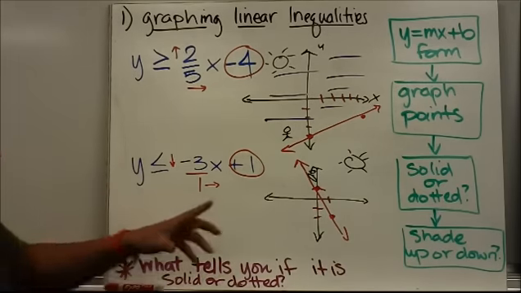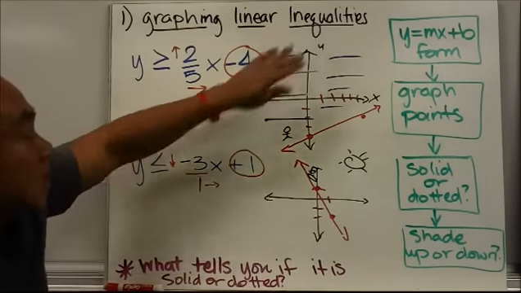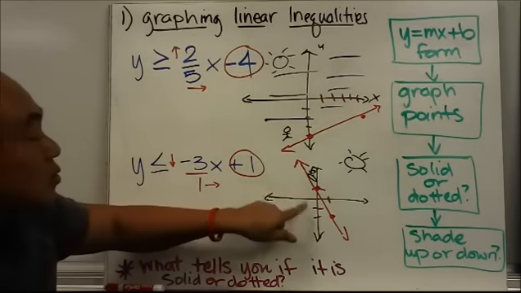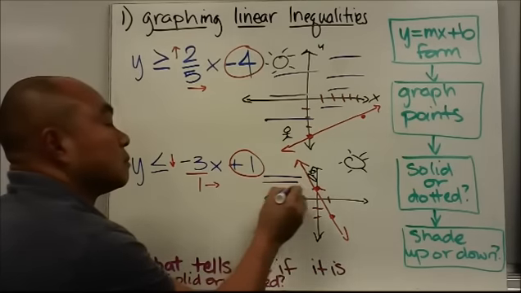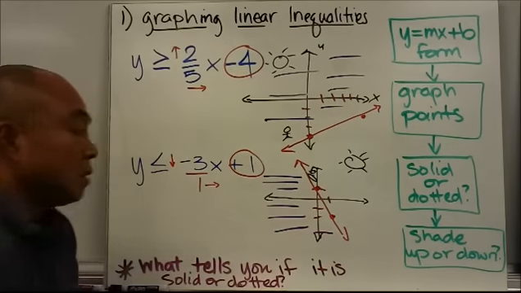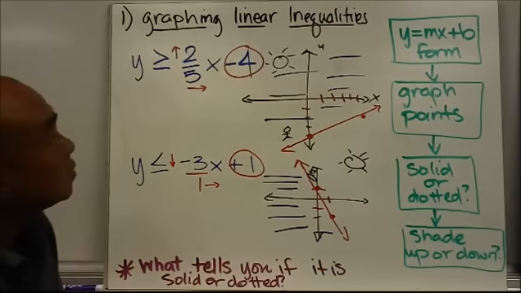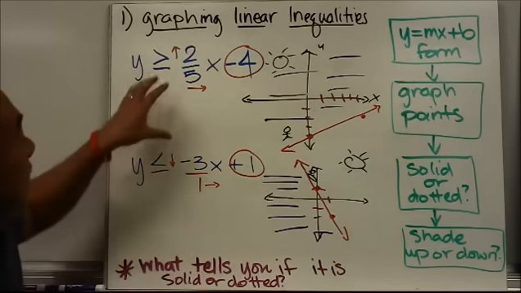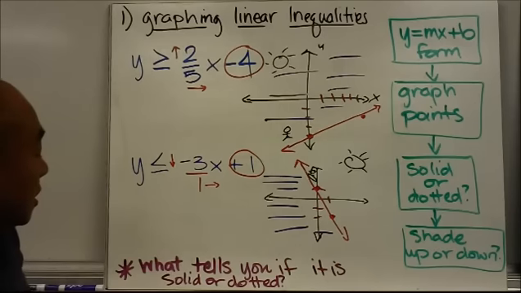And again, we did state that if y is greater than, then we're shading the sky. And if y is less than, we are going to shade the mountain. So, let's shade this part. Alright, and there you have it for how to graph a linear inequality with this particular type of linear inequalities.